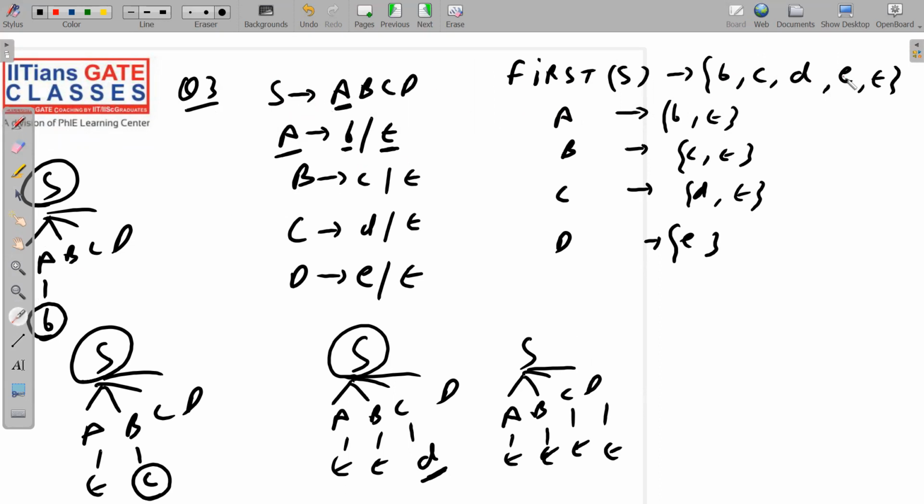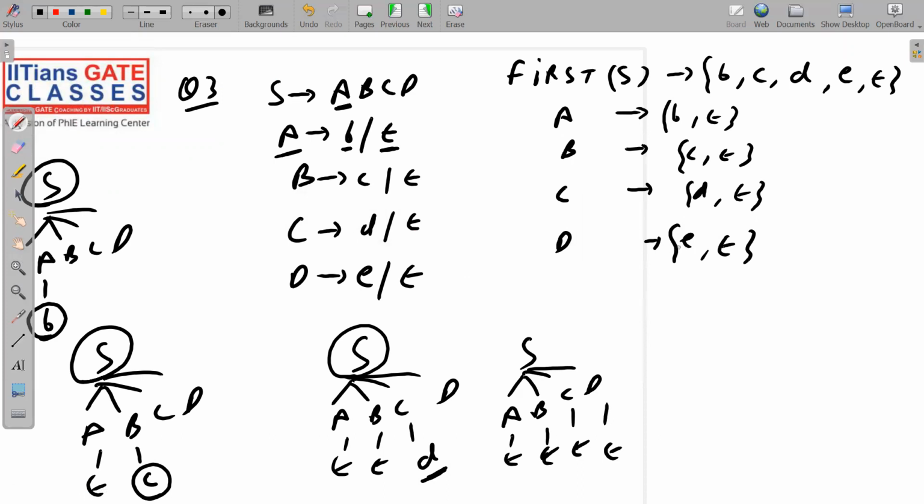So null will be present in first of a non-terminal if a null production is present directly or indirectly. Here we are getting it indirectly. From S we are generating null indirectly. That means A, B, C, D, and all these are going to null. So here we are getting null. Okay, yeah. So first of D will be e as well as null. Please note it down carefully.